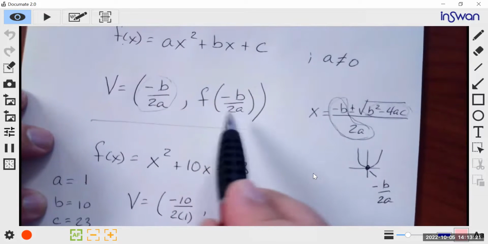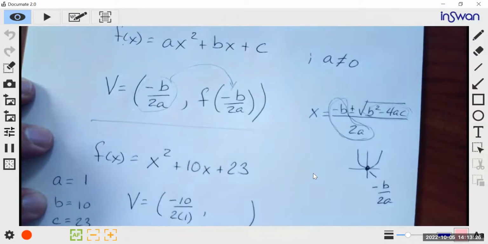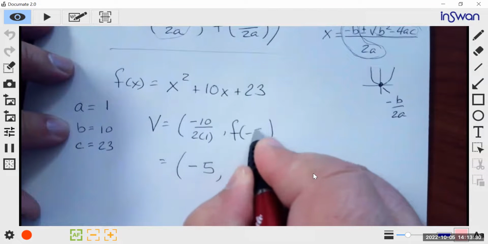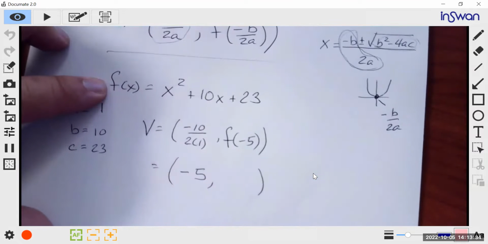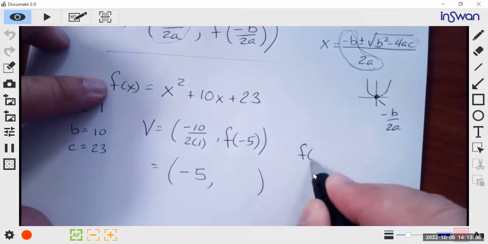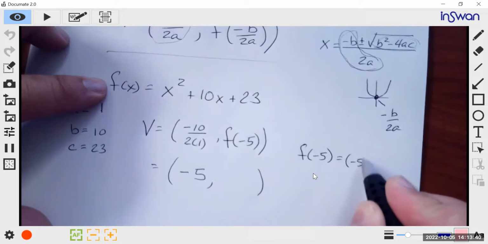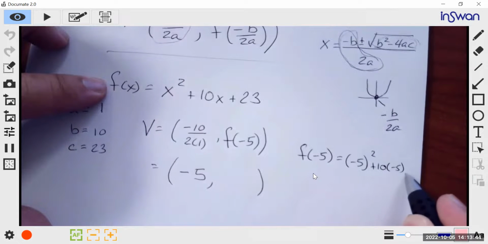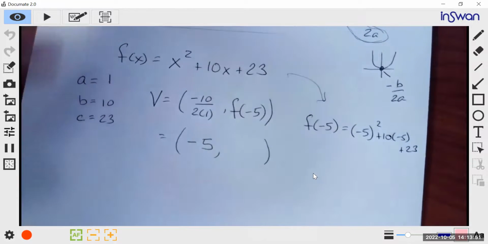Now, according to this formula, whatever we get here, we plug it back into the function. So we have to put negative 5 back inside this function to get the y value. So it's negative 5 squared plus 10 times negative 5 plus 23. I plugged it into this equation.